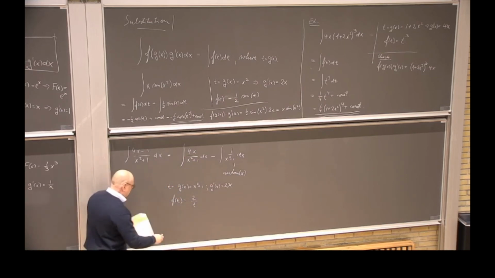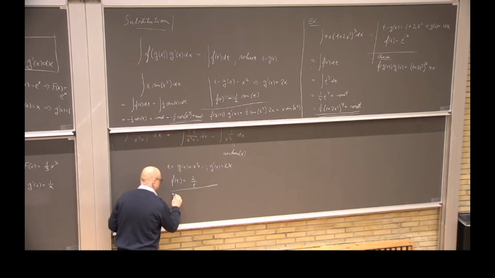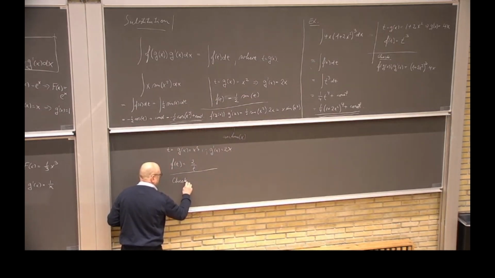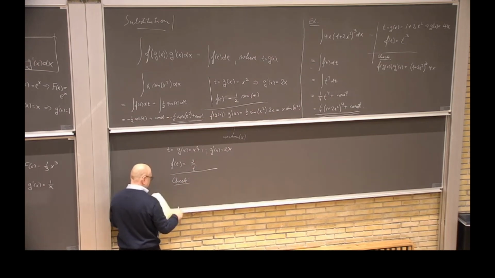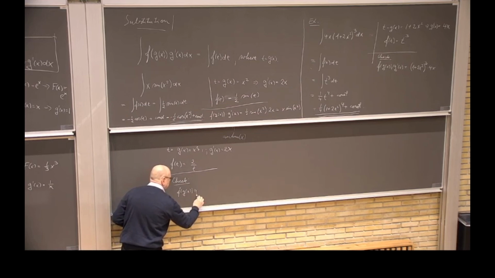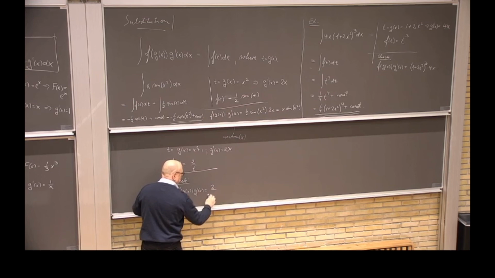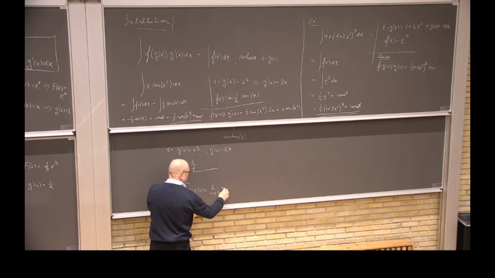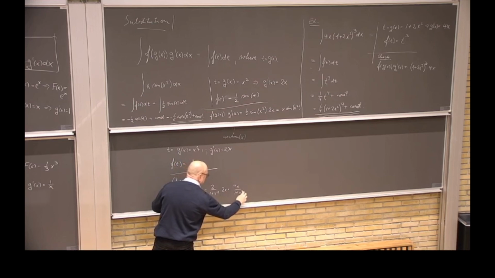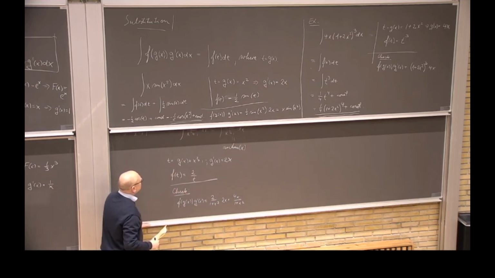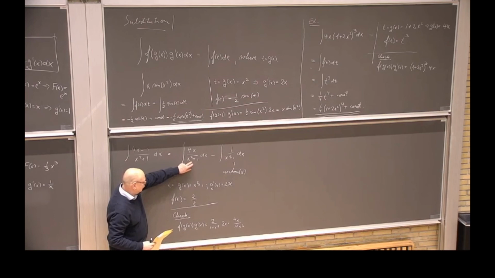Because then when I make the check, that is, I write down this integral, I get 2 divided by 1 plus x squared, and then times this derivative, which is 2x, and this is 4x divided by 1 plus x squared. And this is, in fact, the one that I'm looking for.